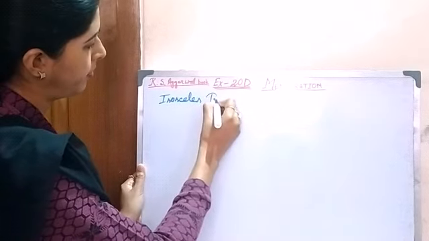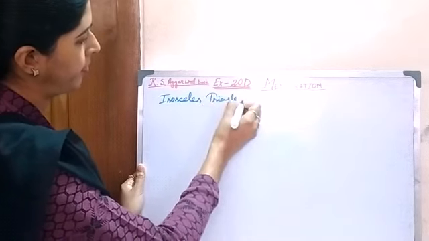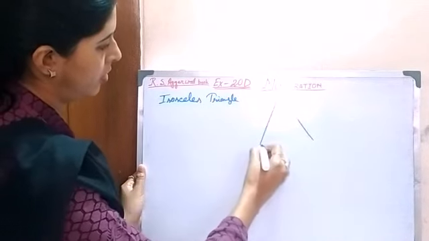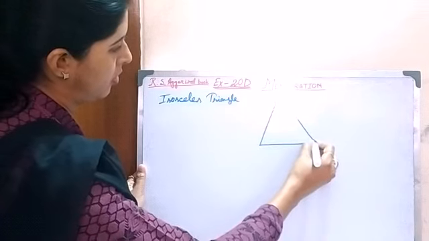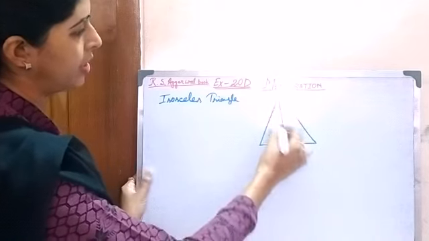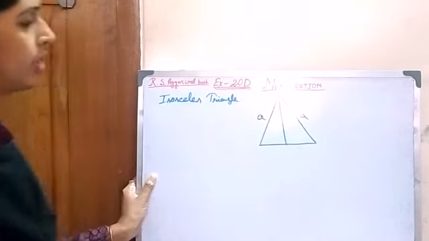Isosceles triangle. Isosceles triangle means two sides will be equal. This is height. These two sides are equal.